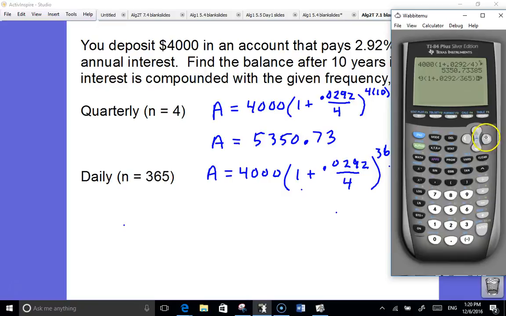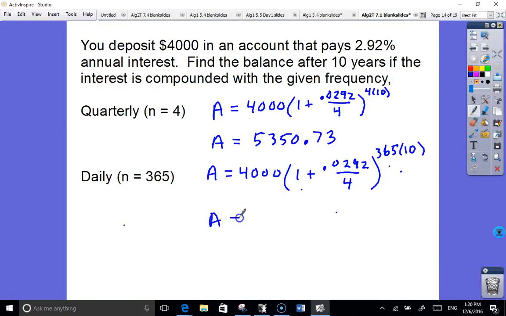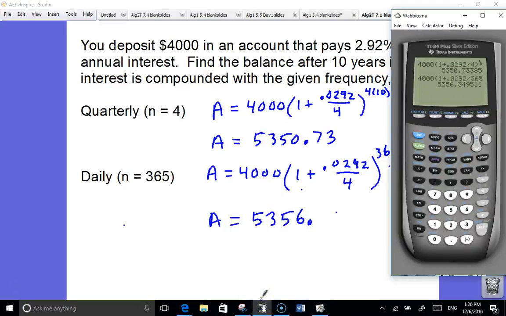And then go into the exponent, and now the exponent's not going to be 40, it's going to be 10 times 365, which is 3650. Now it's 5,356.35.